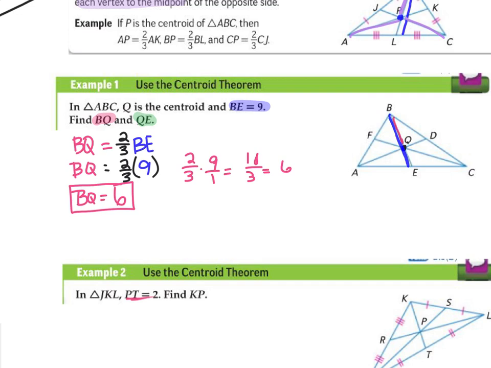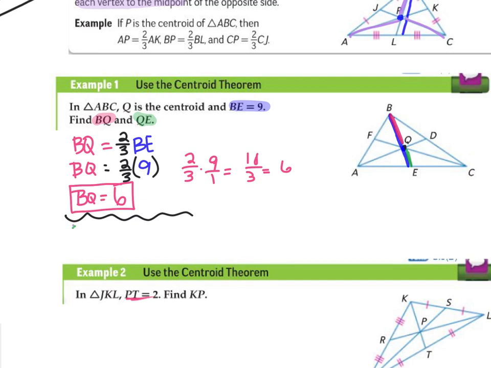So we'll put that right here. The pink line is 6. Now we need to find QE, what's left over. In order to find that, there are, again, multiple ways to do it, but for today's purpose, we're going to say, I don't know what QE is, but I know that QE plus BQ equals my entire median. So let's write that down.